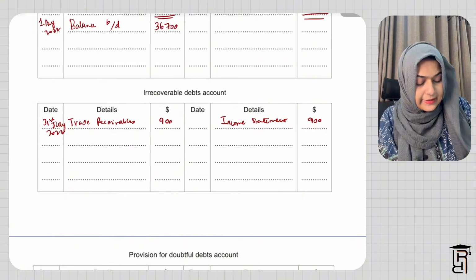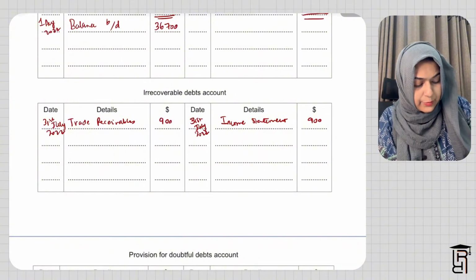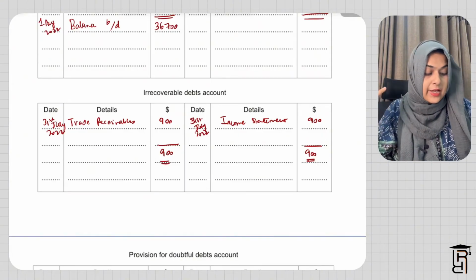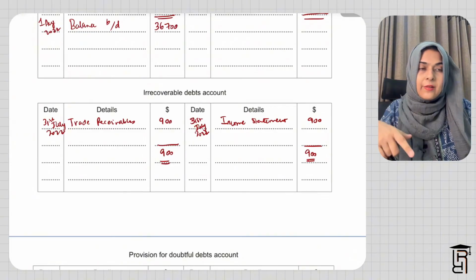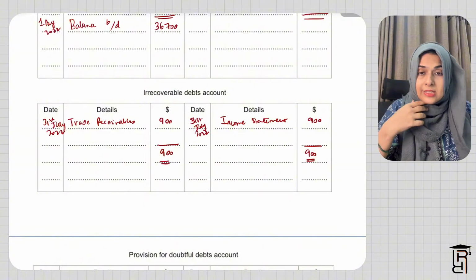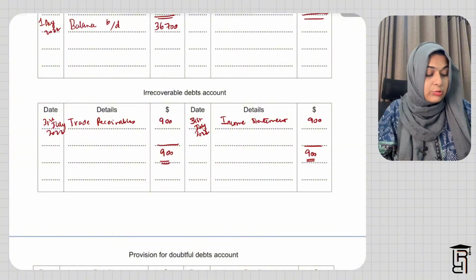Irrecoverable debts is an expense. It always reduces your profit. So irrecoverable debts is an expense. It reduces the profit of the business. So you need to debit the irrecoverable debts account, credit the irrecoverable debts account, and debit the income statement against that. And this is how you transfer the irrecoverable debts to the income statement.